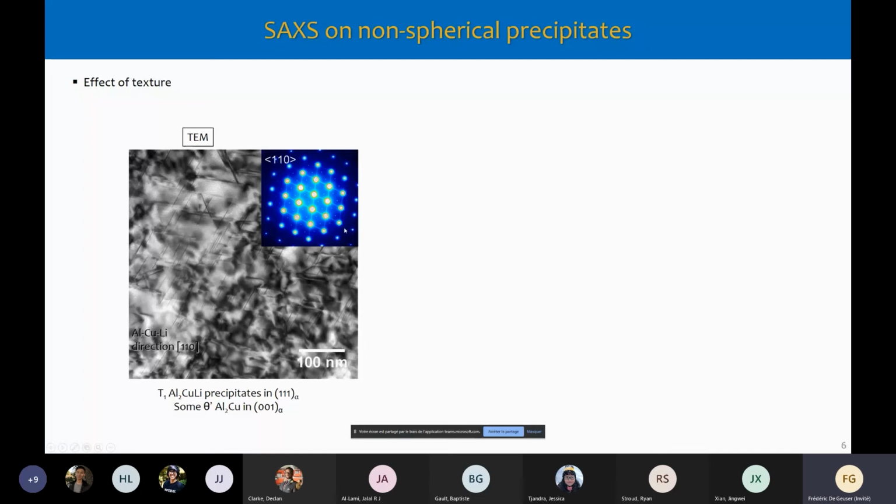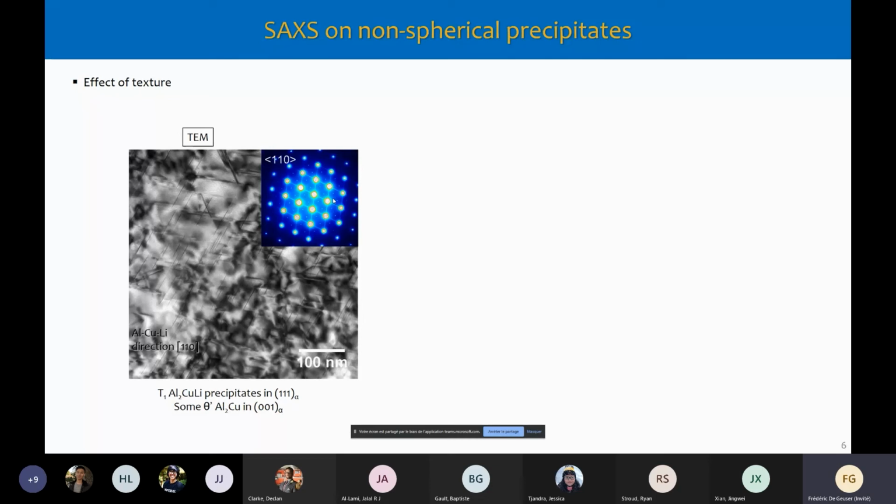And if you look at the diffraction pattern there, they are both plates. So something that is flat in real space gives something elongated in the reciprocal space, and this is why you see streaking in this diffraction pattern. So the Fourier transform of something flat is something elongated. Now, if you put this in SACs, you do a Fourier transform, and now you don't have a single crystal like in TEM.